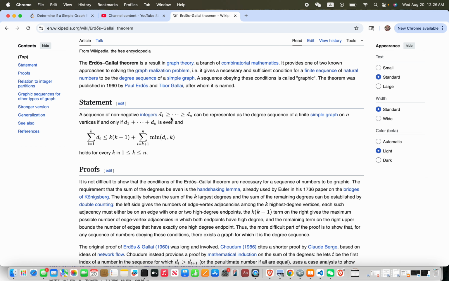Because we sort, once we find the index where we separate di and k, on one side di is less than or equal to k, and on the other side it is greater than k. For those smaller than k, we just sum these di's. For those di's which are greater than k, we just count how many there are, which forms the second part in the right hand side. Another thing to notice is that the summation of these di's should be even.